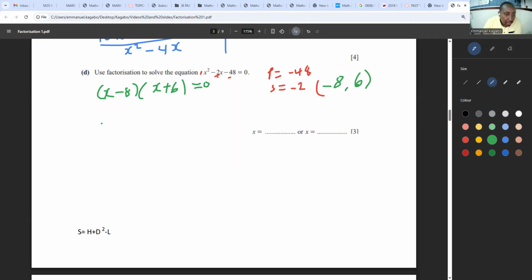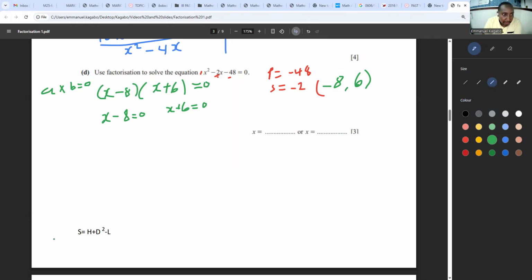So x minus 8 equals to 0, and x plus 6 equals to 0. Because you're multiplying two numbers and getting 0, that means a times b equal to 0. This will happen if one of them is 0.